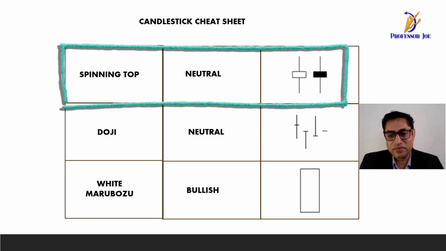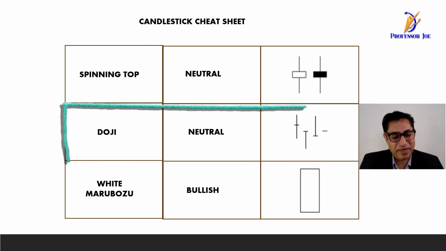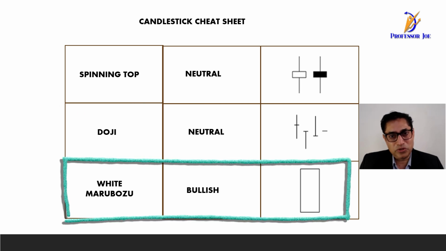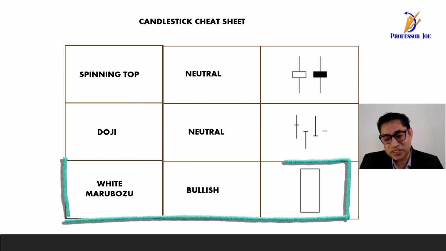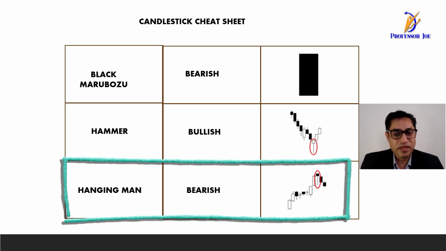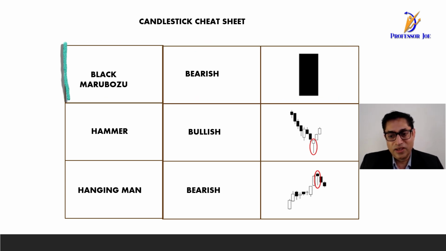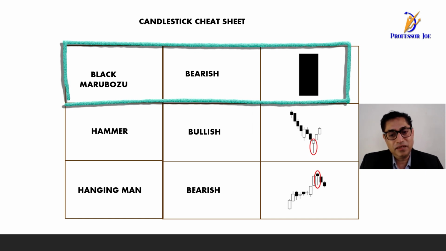A spinning top, which looks something like this, is a neutral candle. A doji candle, which looks something like this, is also a neutral candle. A white Marubozu or a green Marubozu is a bullish candle. A black Marubozu, which looks something like this with no tail on top and bottom and the body fully black or red in color, is a bearish candlestick pattern.